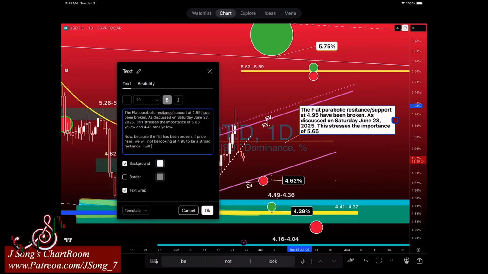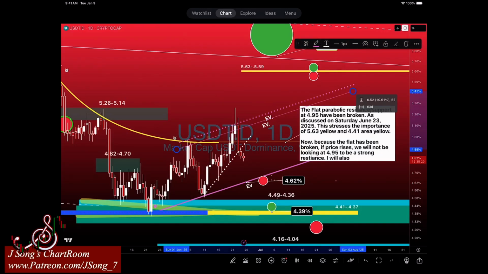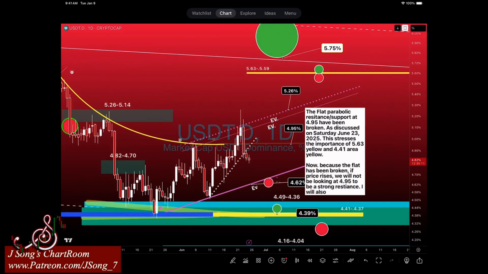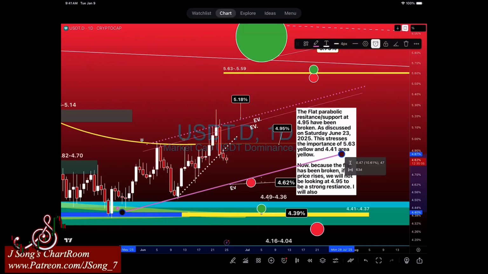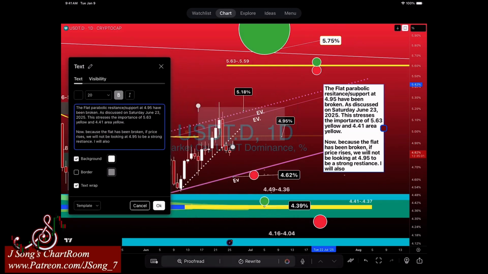I will also, and remember that we thinned this one out, make sure the image has everything. So if it's right now, it's going to be around that price, 5.18.